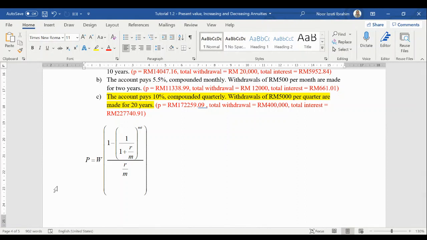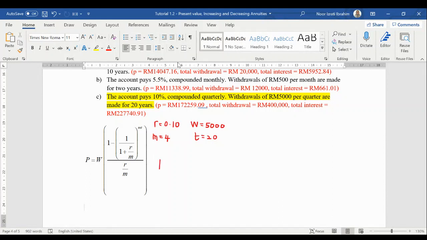So let us take out the information. 10% interest, R equals 0.10. Compounded quarterly, M equals 4. Withdrawals of 5,000, withdrawal is W. 20 years of withdrawal period, T equals 20. So we have all the information needed.